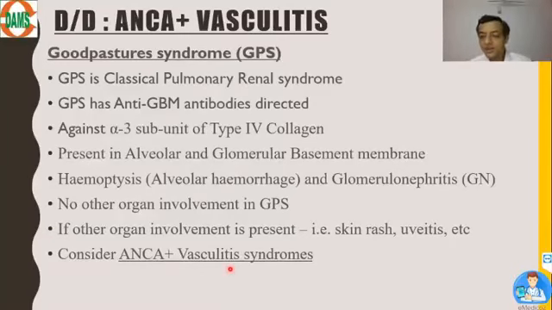Along with the pulmonary renal involvement, if other organs, multi-system, are also affected, then consider not Goodpasture, but ANCA positive vasculitis.